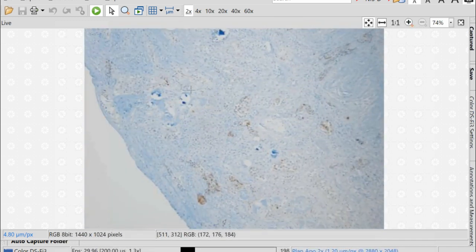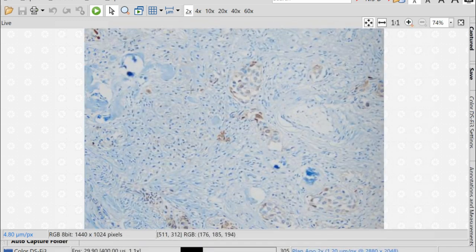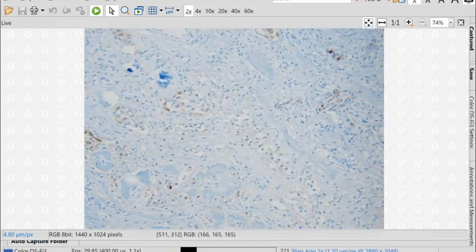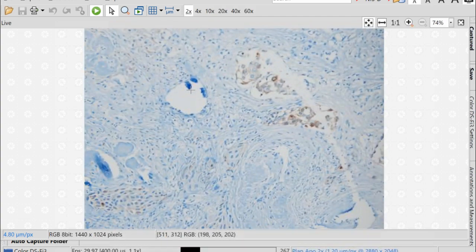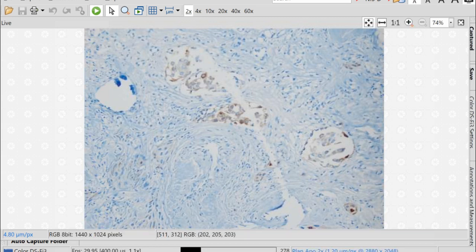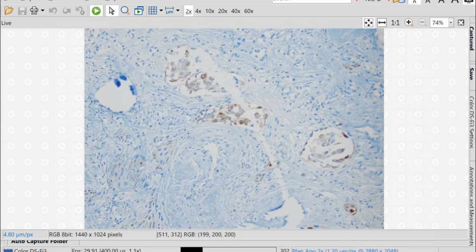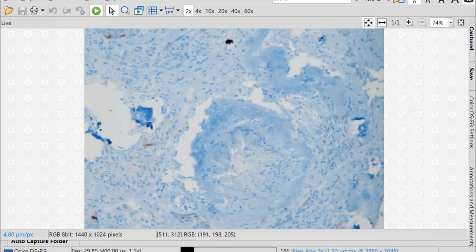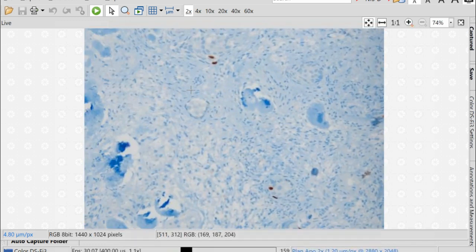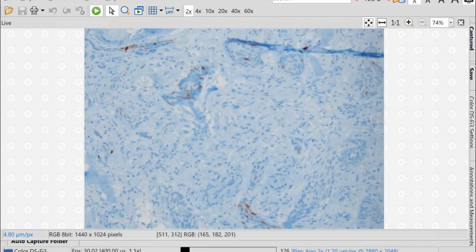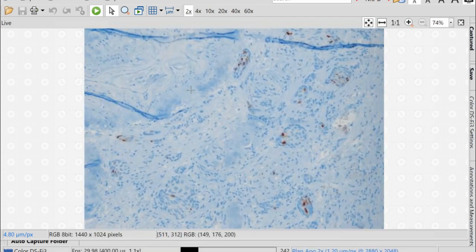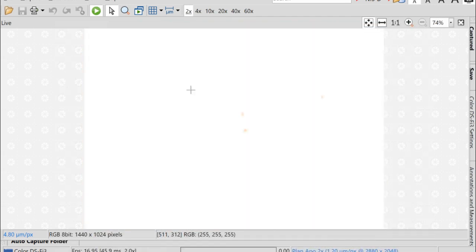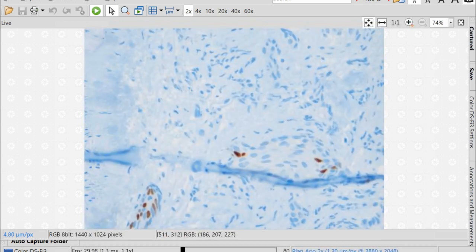Some cytokeratin CAM 5.2, which is positive, although a bit more variable than typically seen with choroid plexus neoplasms. TTF1 was focal, but still convincingly positive in a subset of cells.